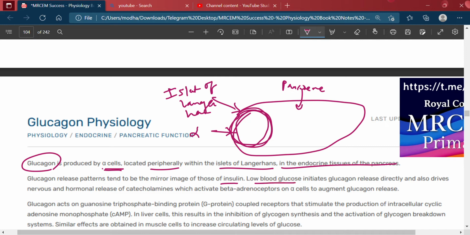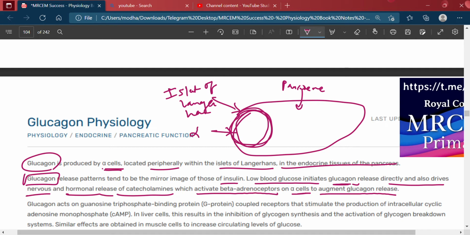Low blood glucose initiates glucagon release directly, and also drives nervous and hormonal release of catecholamines, which activate beta adrenoceptors on the alpha cells to augment glucagon release.